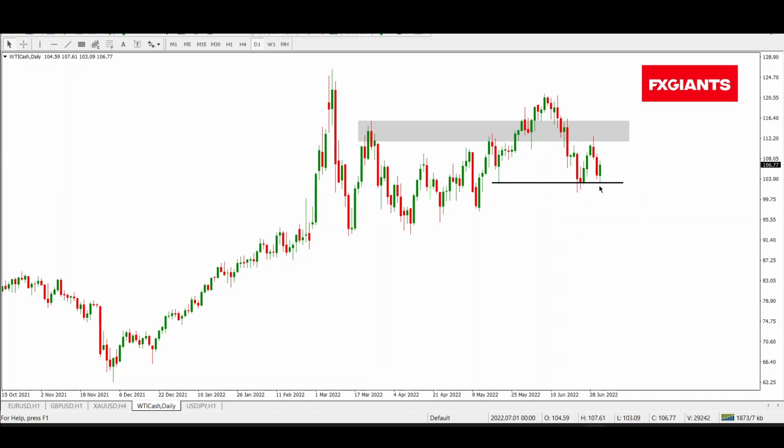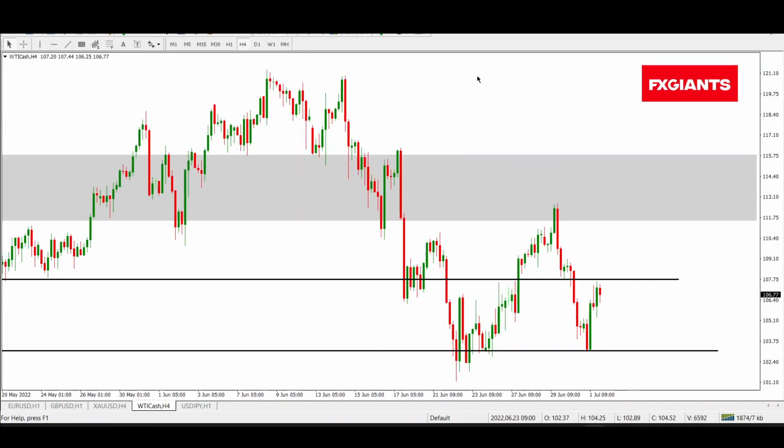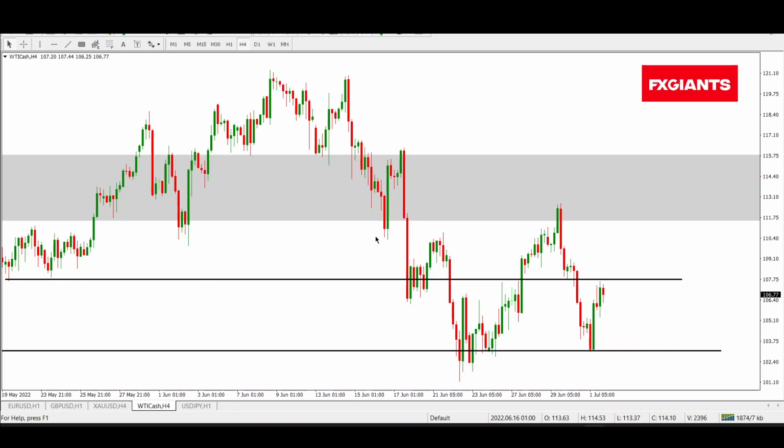Price tapped into it, and we had a rejection there. I want to take this bullish rejection as a retracement on the lower time frame, but let's slide lower to see it clearly. All right, so this is that resistance where price reacted off, bounced upon this support, but we are failing to break it.